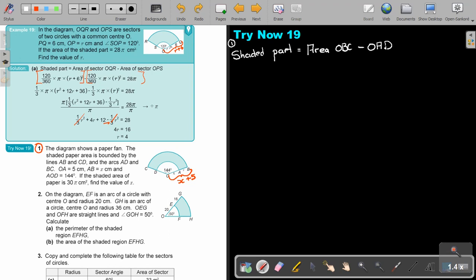The shaded part is 30 pi. The area of the bigger one is always that angle, 144 over 360, multiplied by the area of the circle, which is pi, multiplied by the big radius, x plus 5, squared.